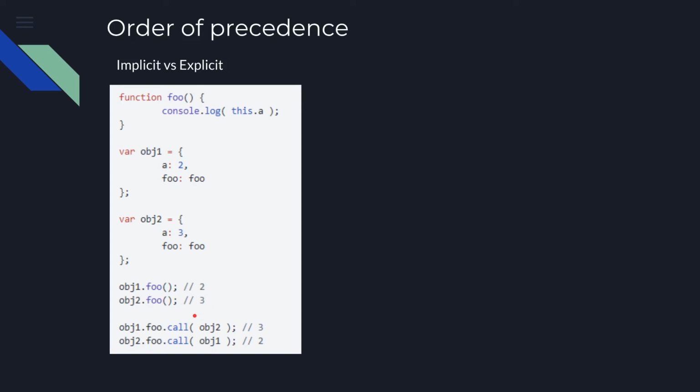But in these last 2 lines, we are actually taking object1's foo function and executing it on object2. This prints 3 because this is an explicit binding, and explicit binding always has higher precedence than implicit binding.